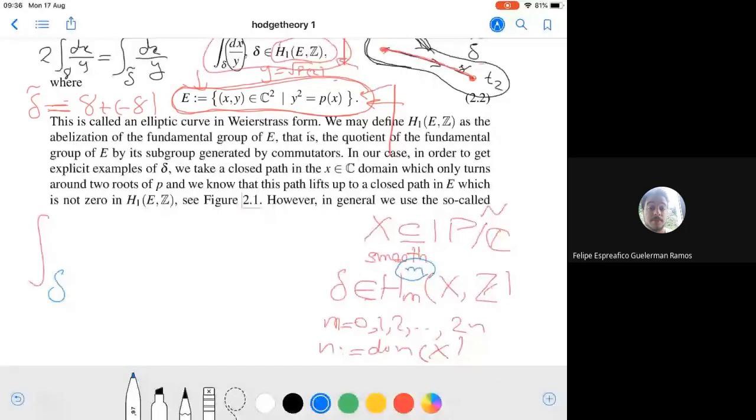A lot of nice integration from calculus will be translated to this integration over delta.